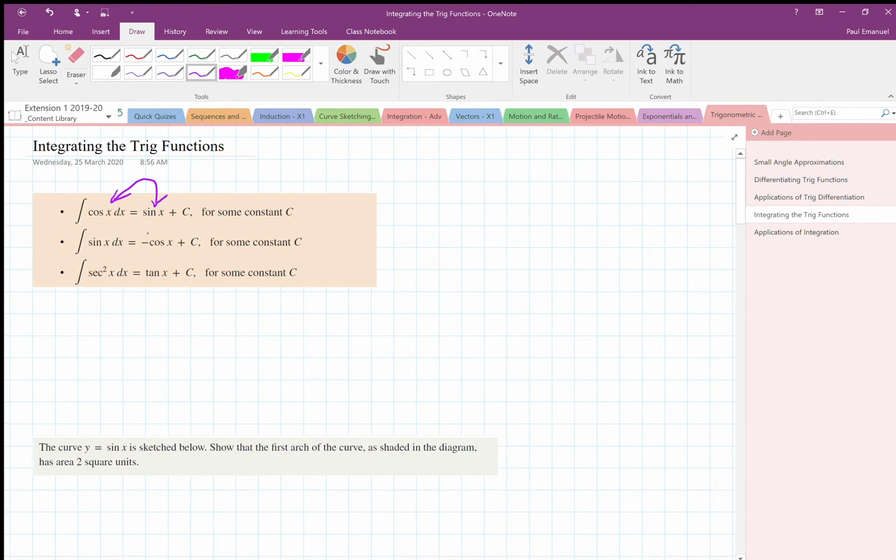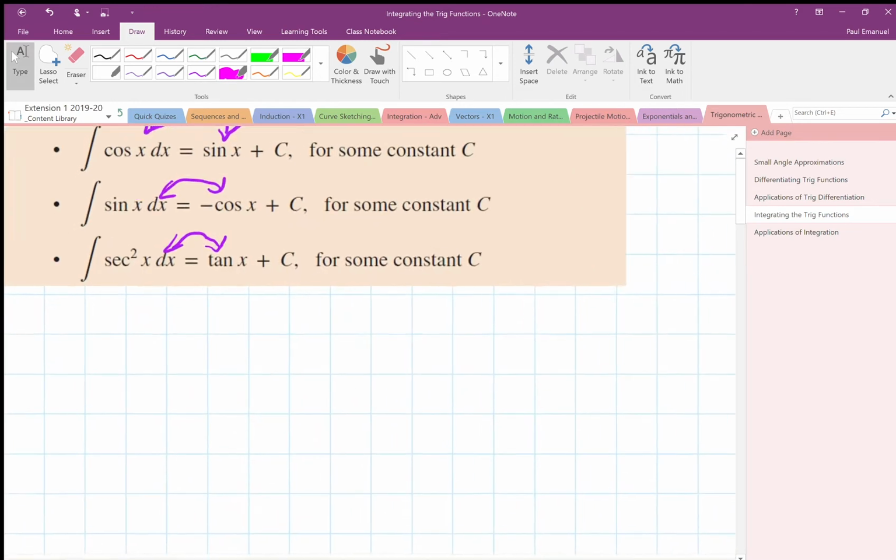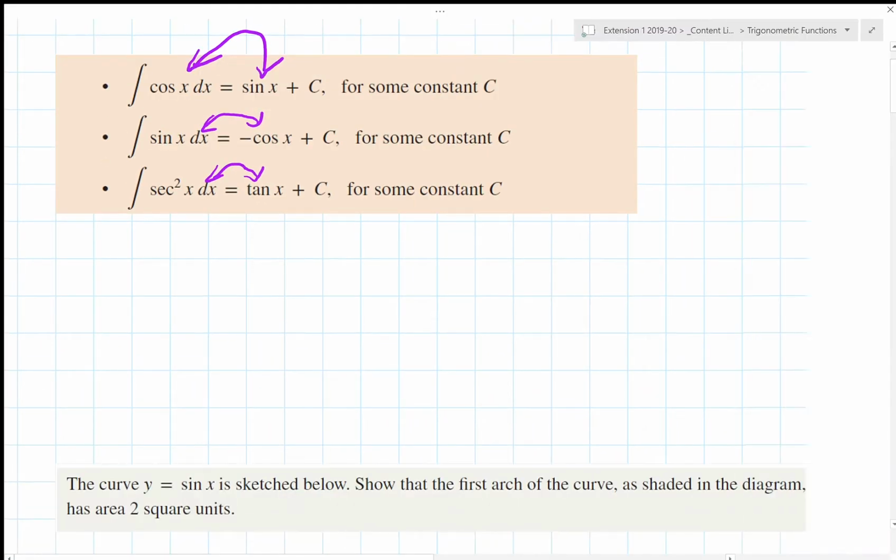And given that the derivative of minus cos was sine, the integral of sine is minus cos. And because the derivative of tan was sec squared, the integral of sec squared is tan. Okay, and that's exactly how it goes.